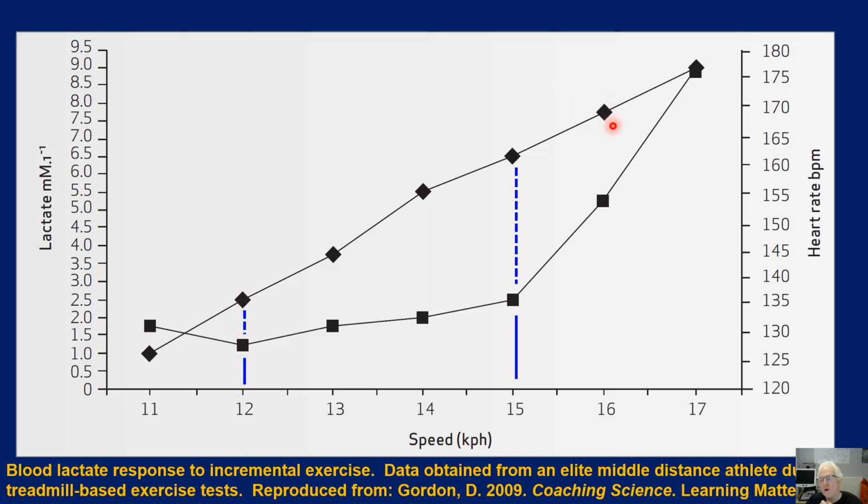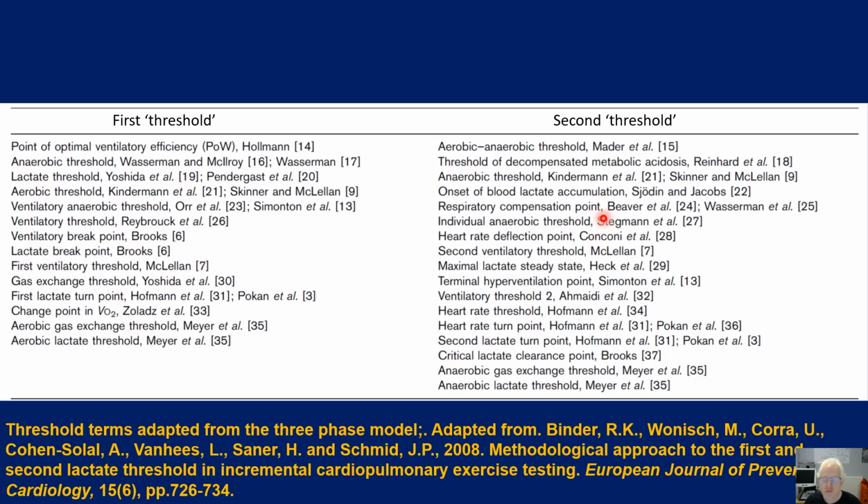If you want to know what this point here is, which is fundamentally the transition from heavy to severe, then do go and join the class which is on gas exchange thresholds, and also the class related to oxygen uptake kinetics. It's really confusing.